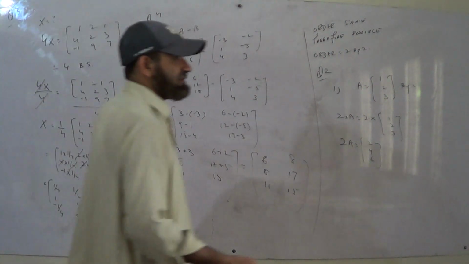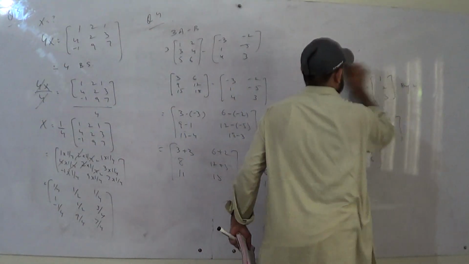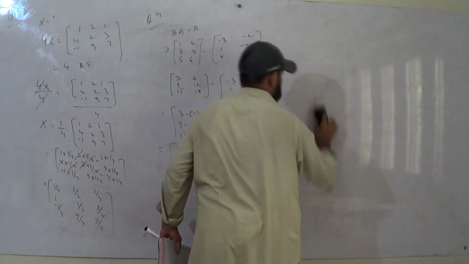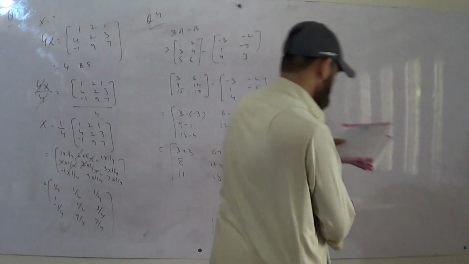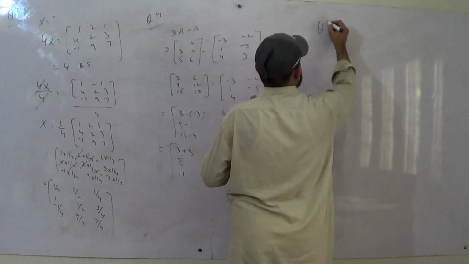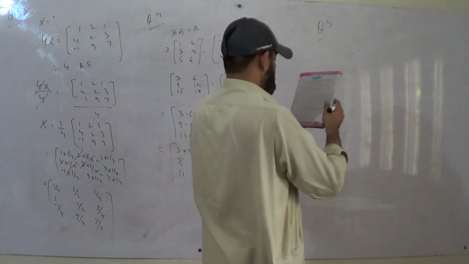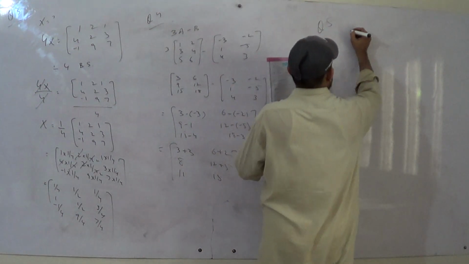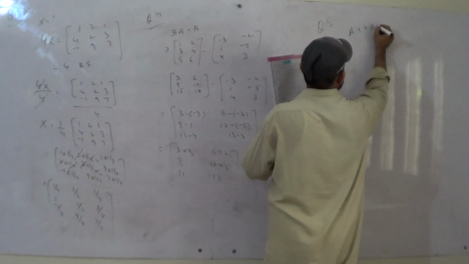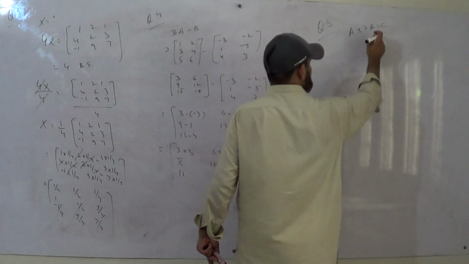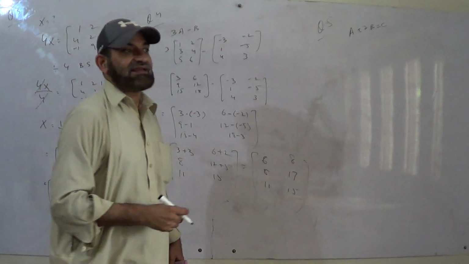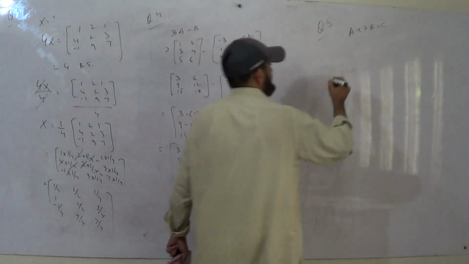Now we'll do question number 5. Question 5 is A plus 2B equal to C. The equal sign is there, therefore we will take the left hand side as well as the right hand side.